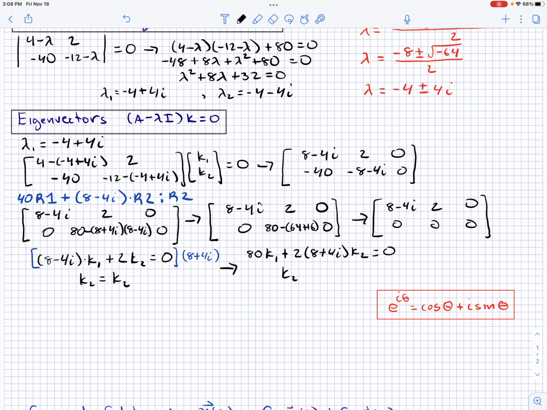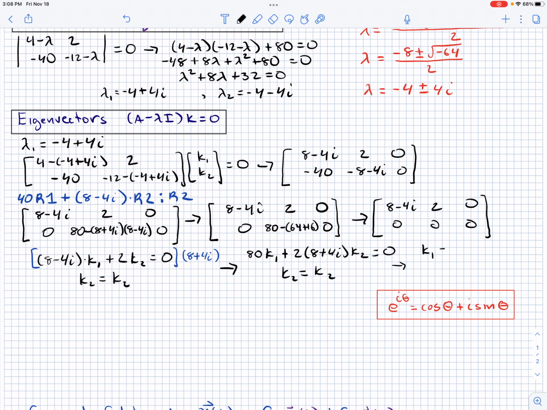And again, k sub 2 is just itself, k sub 2. And now we can solve for k sub 1.